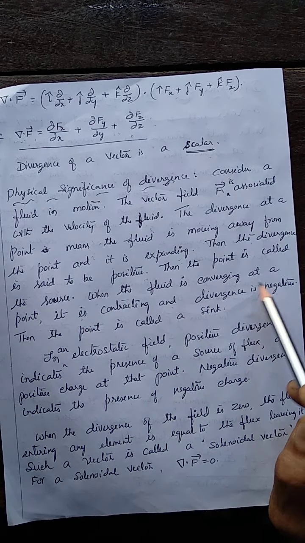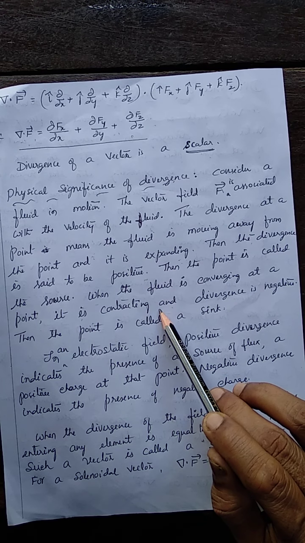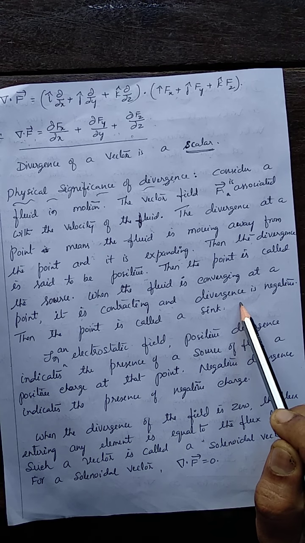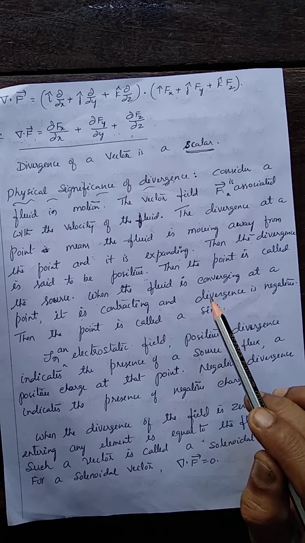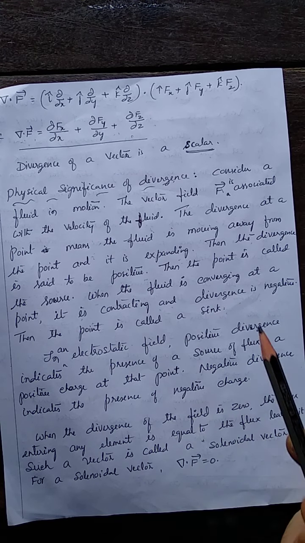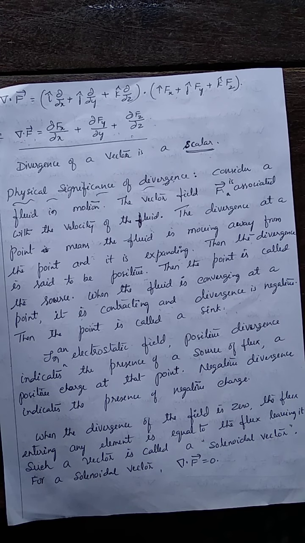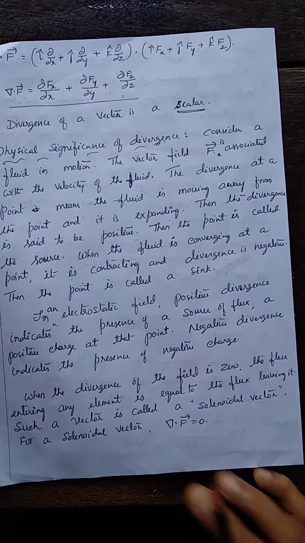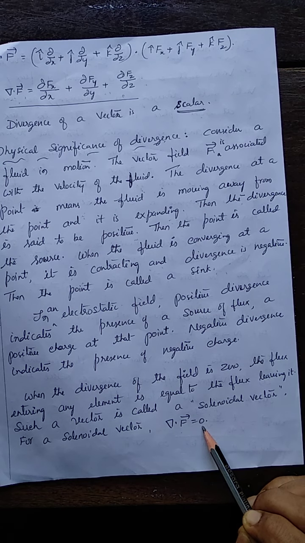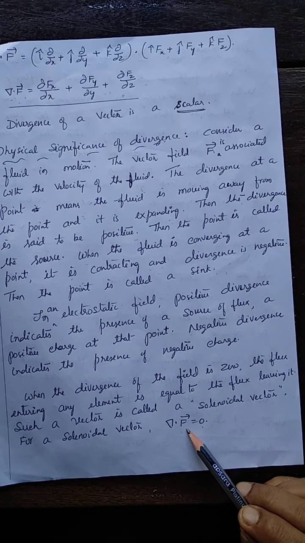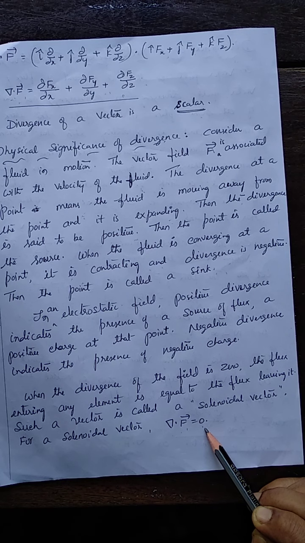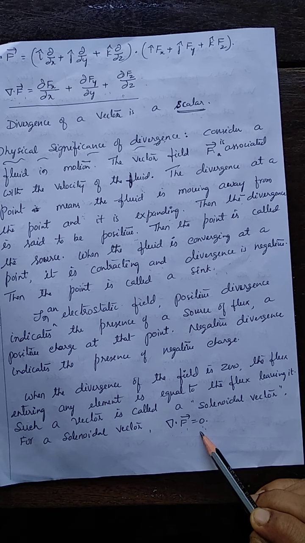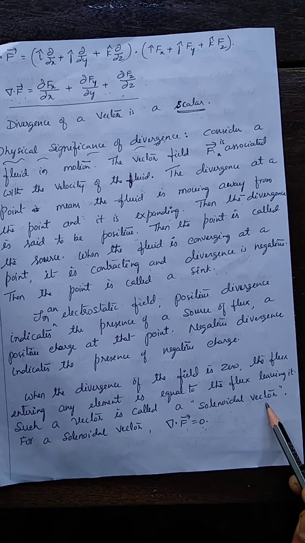When the fluid is converging at a point, it is contracting, so the divergence is negative. Negative divergence is nothing but convergence, and that point is called the sink. And in some cases, if del dot F equals 0, that is, if the divergence of the vector field equals 0, then that vector is called a solenoidal vector.